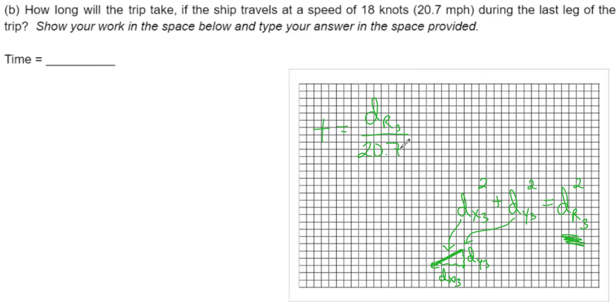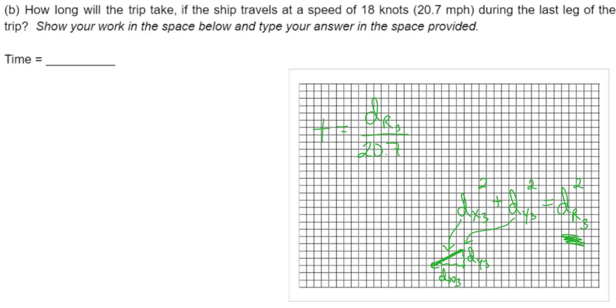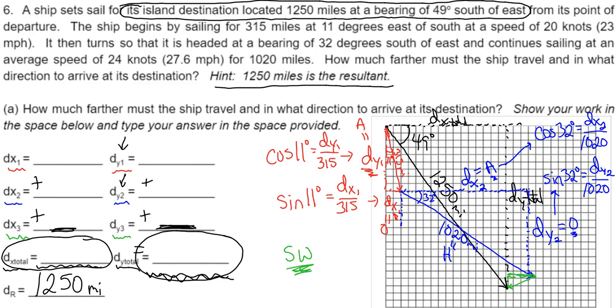And then we'd have to go back and look at the other two parts. For the first leg, it's 315 miles at 23 miles per hour. So my time 1 is 315 miles divided by 23 miles per hour.